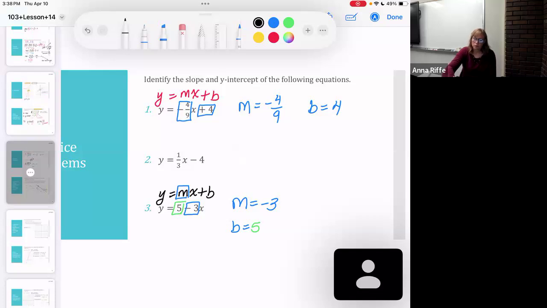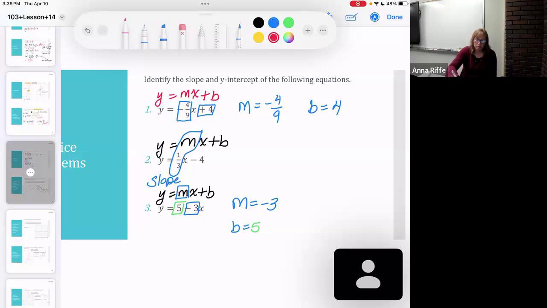So for 2, if I am looking for the slope and the y-intercept, I'm going to note that if y is by itself on one side of the equation, I can look at the other side in an equation in 2 variables and note that the number that's being multiplied by x is the slope. So my slope is 1/3 in this case.